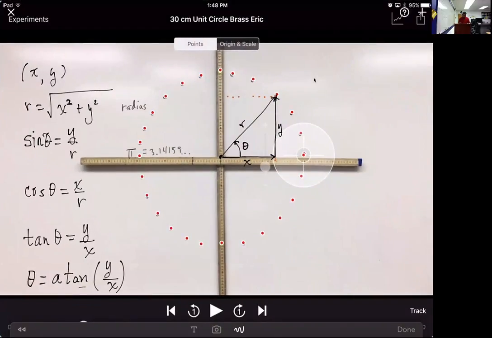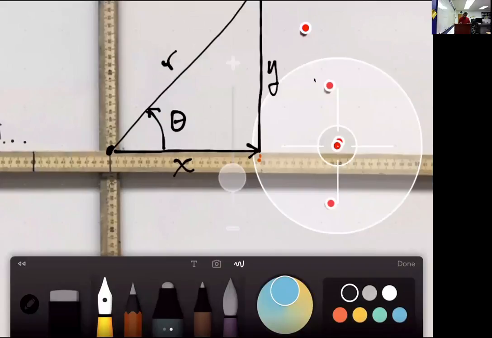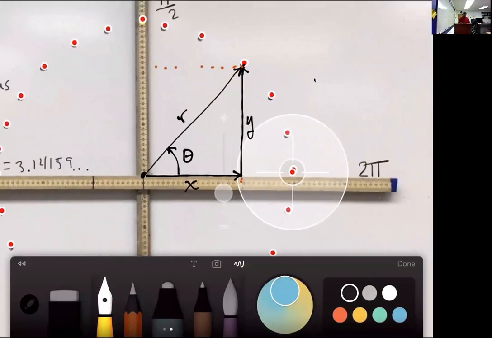If I keep going around, it's going to end up being 2 pi over here. At the top, this is pi over 2. And then out at the bottom, this is 3/2 pi. So these are angles. So this theta here, this is an angle, and we're measuring it in terms of pi's, or better yet, radians, okay?